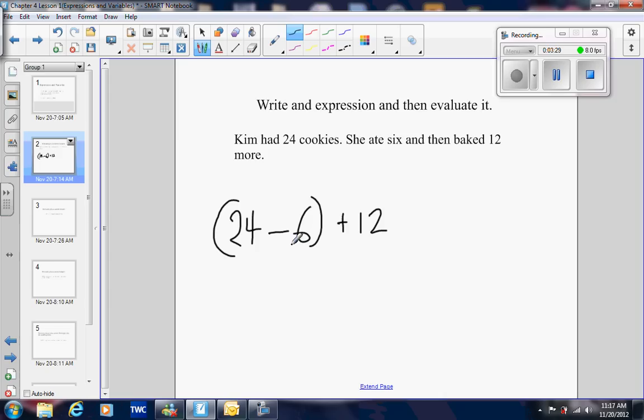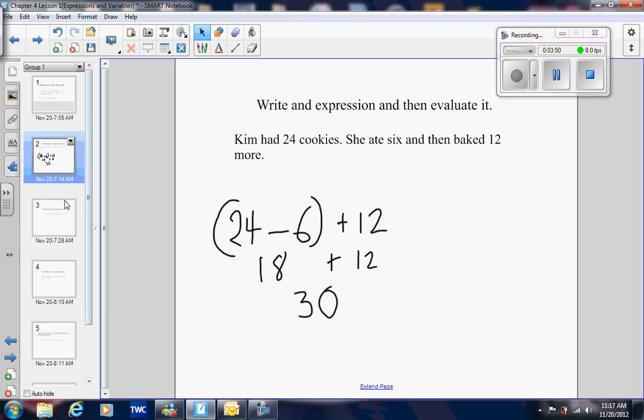So 24 minus 6 is 18, plus 12, so our answer is 30. So they've done both parts of the question. Write an expression and then evaluate it. Alright, we'll move on to the next.